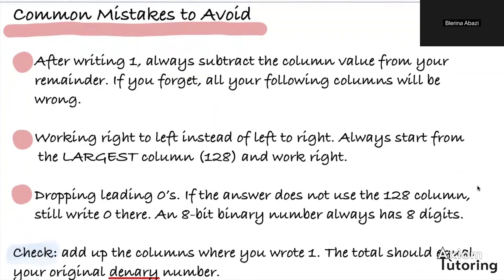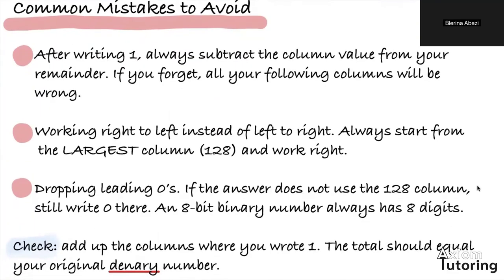If the 128 column is not used in your answer, you still need to write a zero there. In the exam, an 8-bit binary number must always have 8 digits. A quick way to check your work is to add up the place values where you wrote a 1, and once you get the total equal to the denary number, you know for sure that you've converted that number correctly.